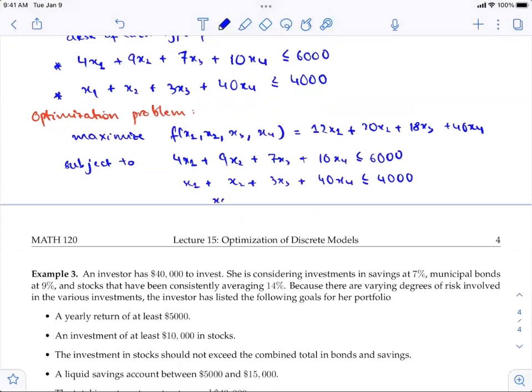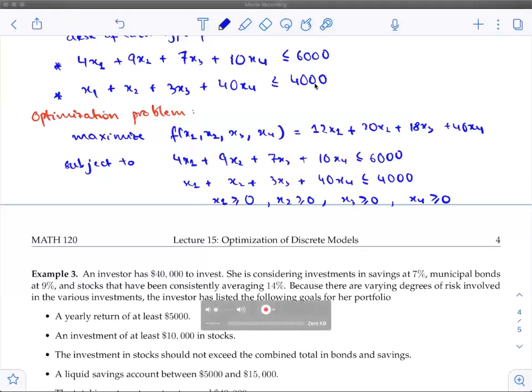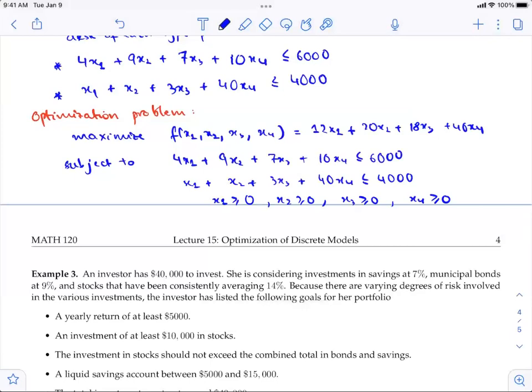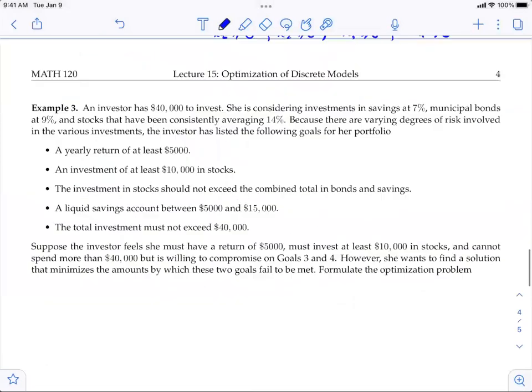And at the same time, x1 has to be greater than or equal to 0, x2 greater than or equal to 0, x3 greater than or equal to 0, and x4 greater than or equal to 0. So that is the optimization problem for the second example. Now let's move on to the last example for this particular optimization of discrete model.